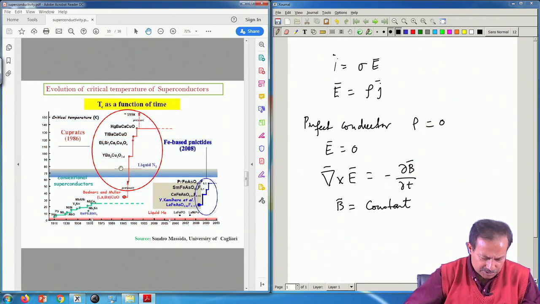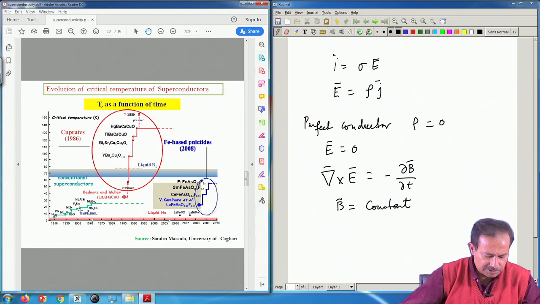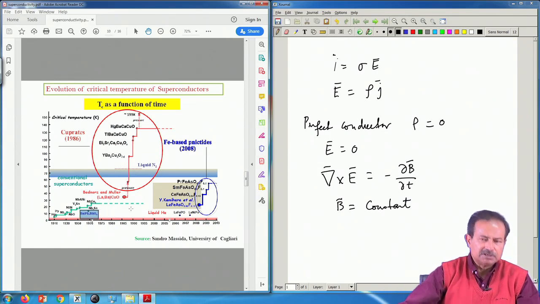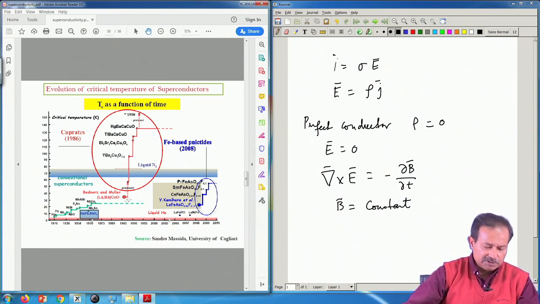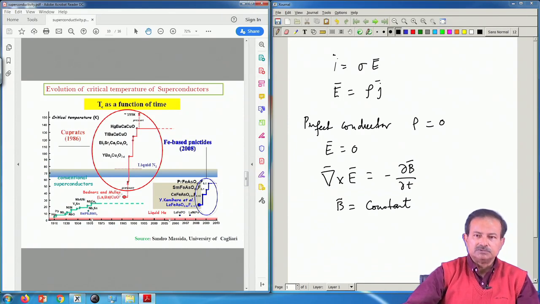So let me not discuss that. That is the compound which was a high temperature superconductor, but this one is actually mentioned here. This is BKB and BPB, barium lead bismuth oxide and barium potassium bismuth oxide. These were also fairly high temperature superconductors, but not in the class of this LaBaCuO4.